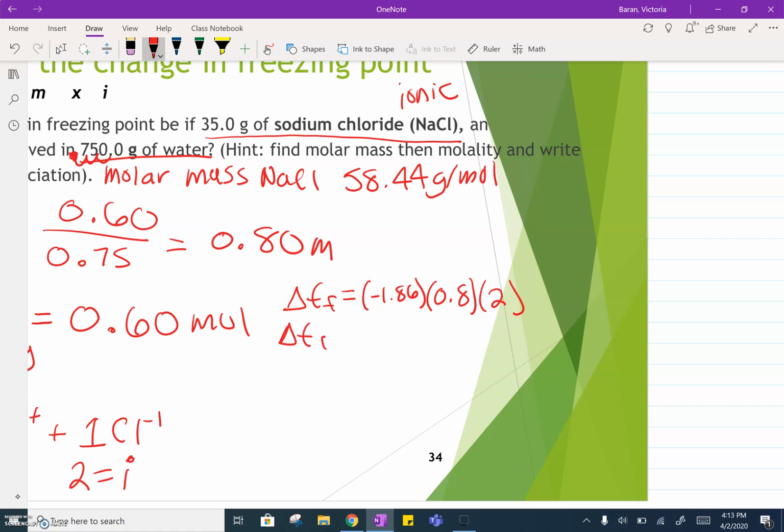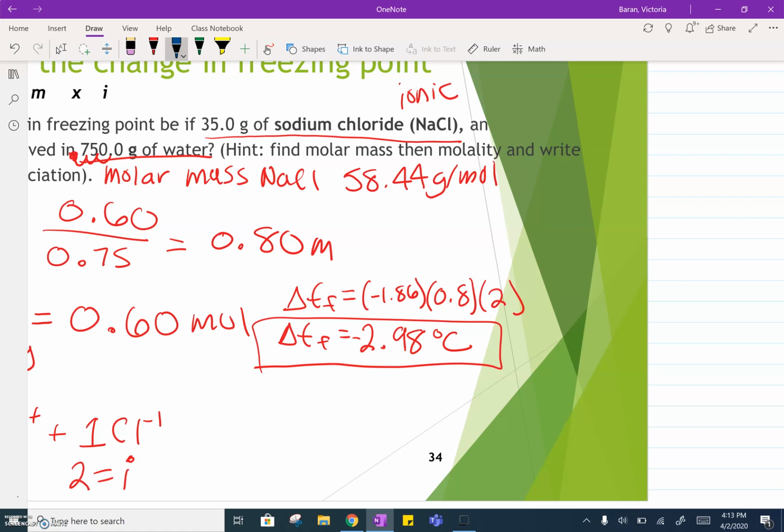So our delta T_f, we will get by multiplying these all together. And I'm going to round to 2 decimal places, 2.98 degrees Celsius, okay? So it will decrease by 2.98 degrees Celsius.